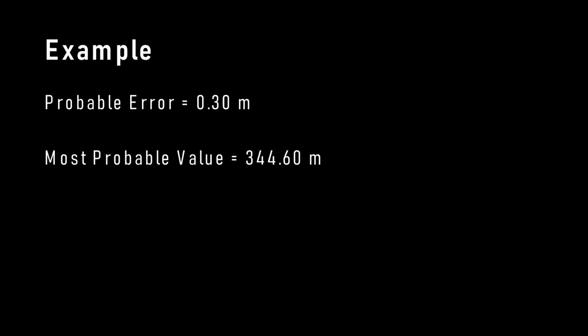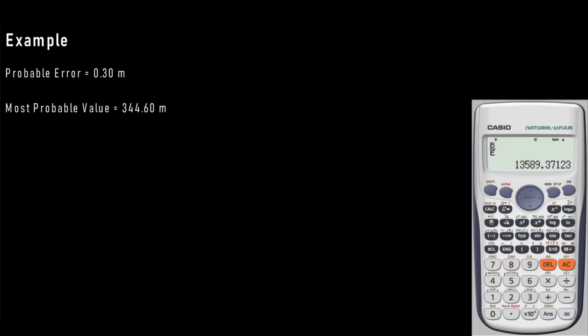So, example natin, probable error 0.3, most probable value is 344.60. So, solve lang ulit natin. Dinidenote pala to, no?